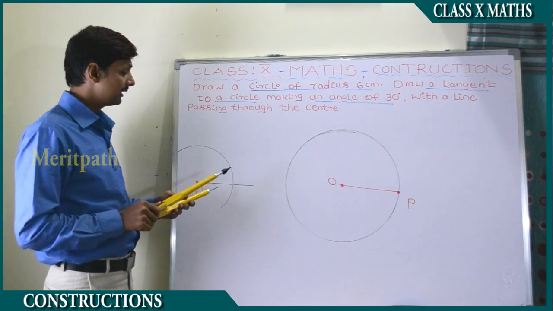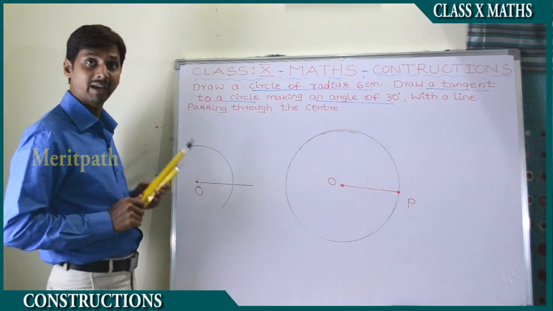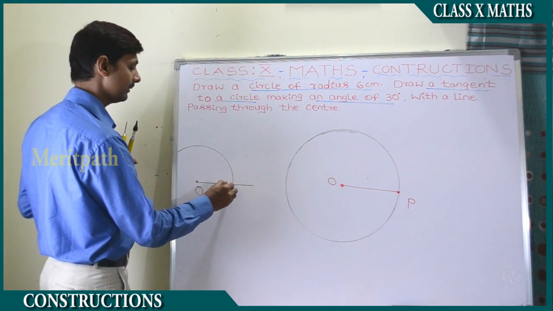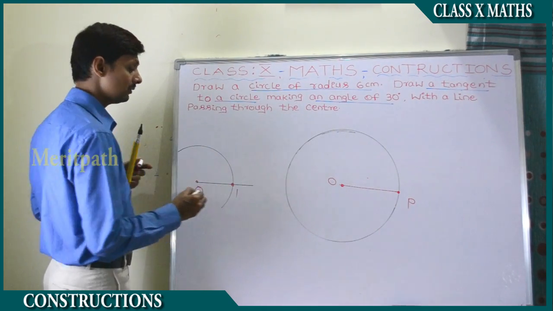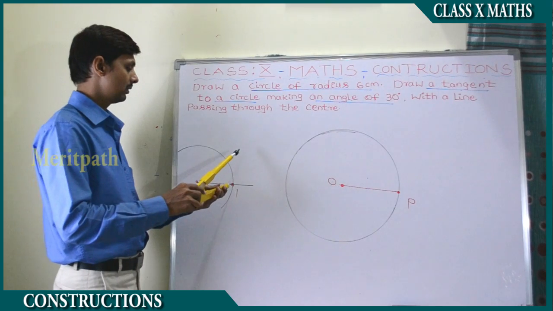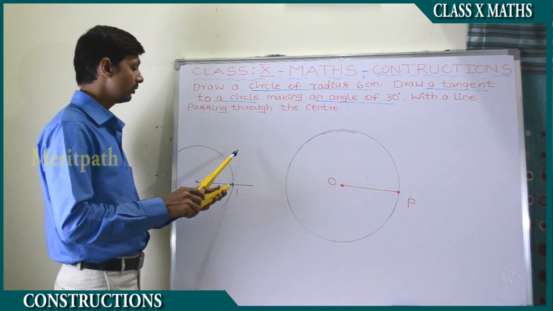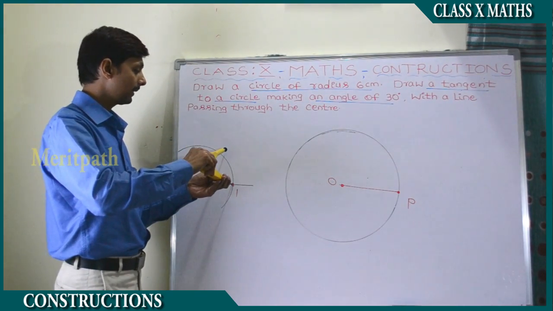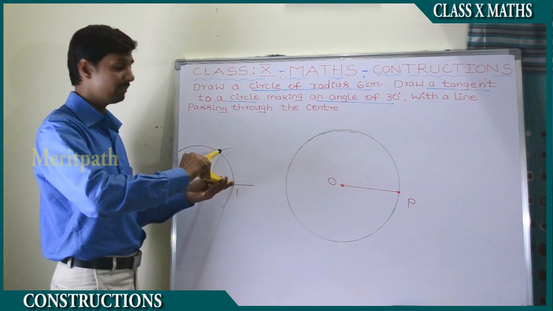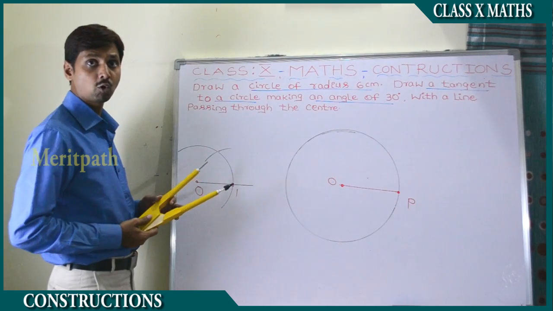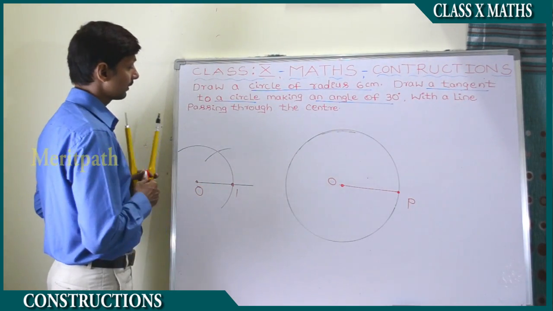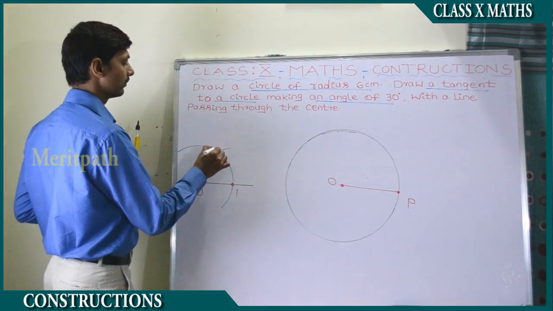This arc is intersecting the line segment which we have drawn, and we take that point where it is intersecting as 1. Then using point 1, with the same radius, we intersect the arc which we have drawn earlier, and we get a point that we take as 2.